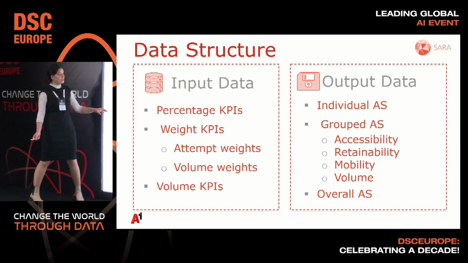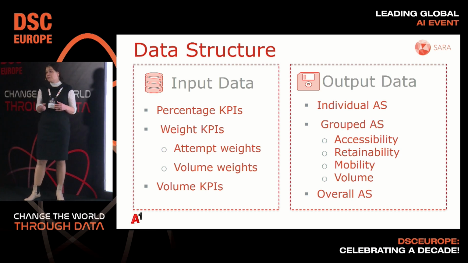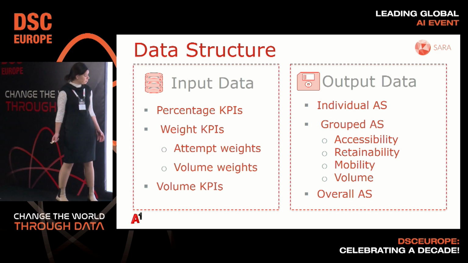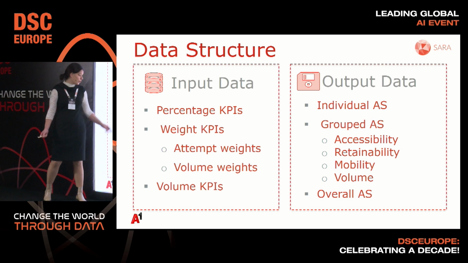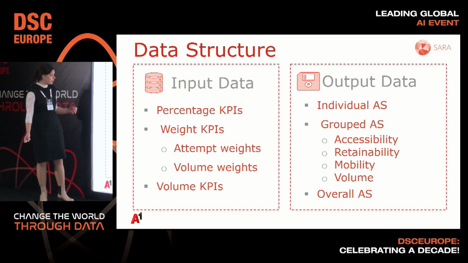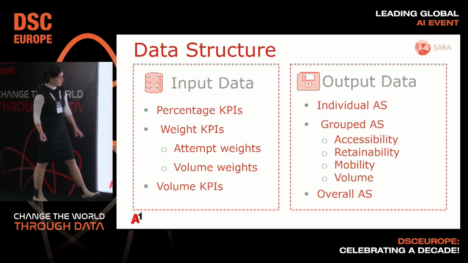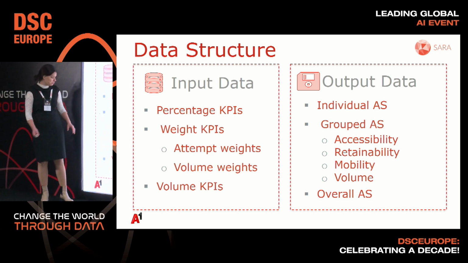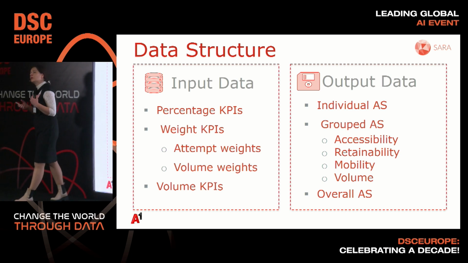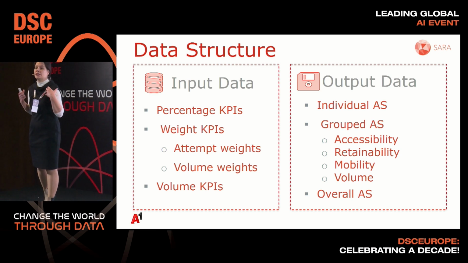And they are really, really important to us to make some aggregations, and this method is based on different types of aggregations. We can look at them as attempts or as volume-based KPIs that measure the load of our traffic data. And finally, some of these KPIs we look at only as volume KPIs to understand the load of our whole network.